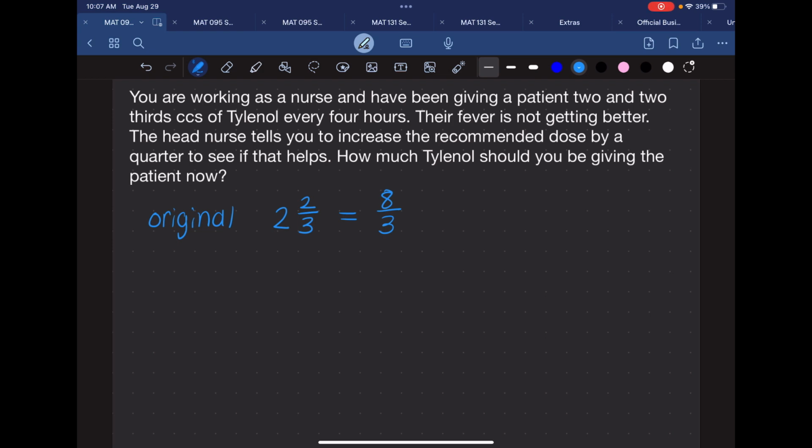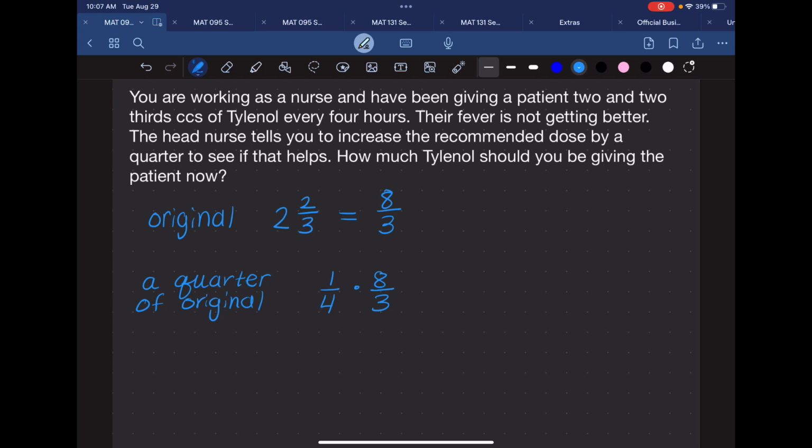And then we want to increase this by 1/4. So what we need to find is 1/4 of the original, and then we'll add that in. So we'll take the original amount and then add in 1/4 of it. If I want to find 1/4 of 8/3, that's like taking 1/4 times 8/3.